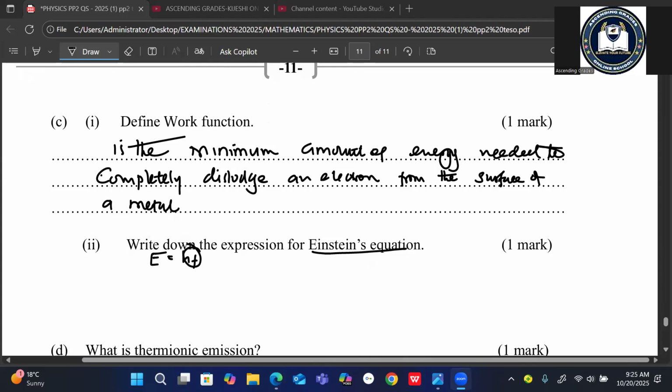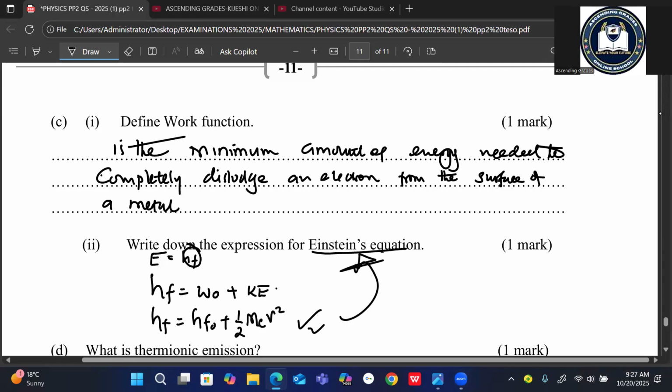And therefore, this hf will be given by the work function, which is hf naught, plus kinetic energy, which is half the mass of the electron times v squared. So this becomes Einstein's equation.